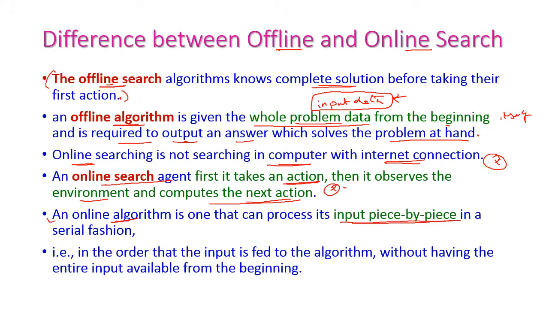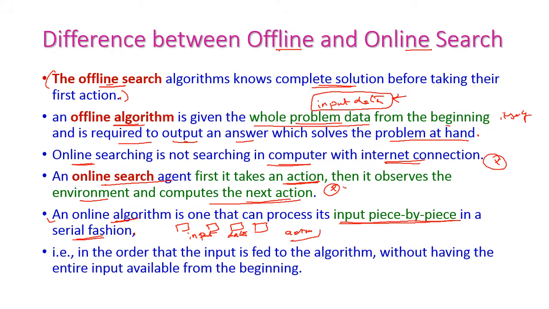Whenever it receives an input, that input will be considered for the next action, right? And this input will be given to the computer in serial fashion. Serial fashion means one piece after another piece. Whenever the computer or the algorithm receives the input data, that data will be considered for the next action.